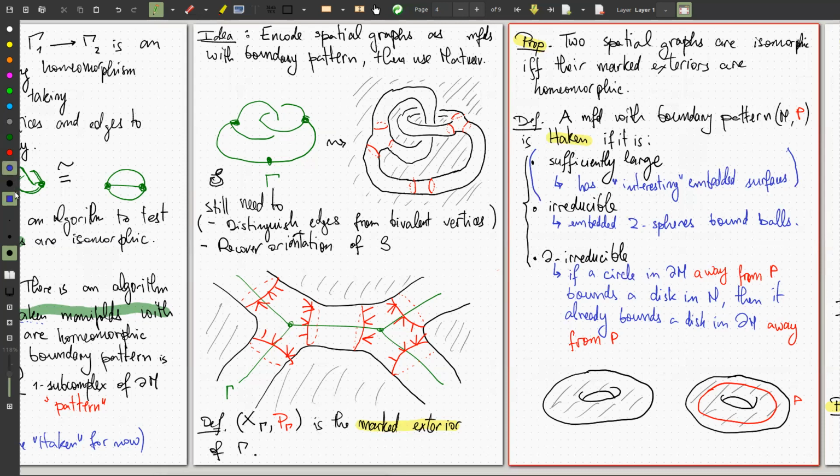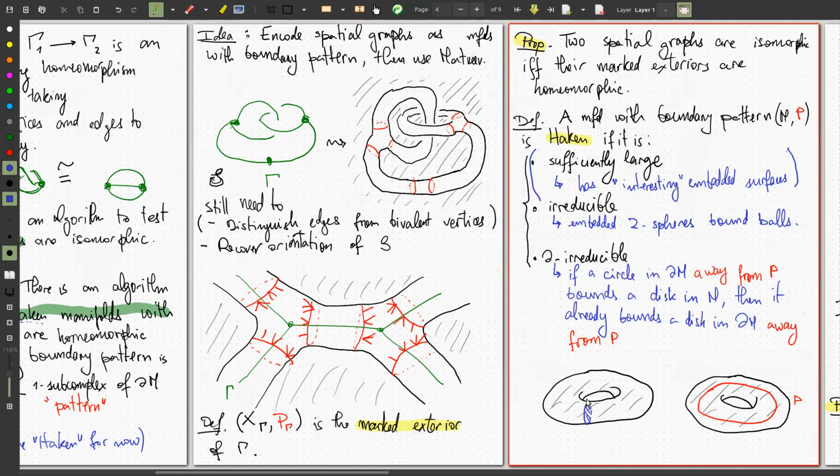So let's look at this example I drew here. I just drew 2 solid tori. On the left, the boundary pattern is empty. And so this is surely not boundary irreducible, because you have a disk here that's properly embedded, but doesn't bound a disk in the boundary of the torus.